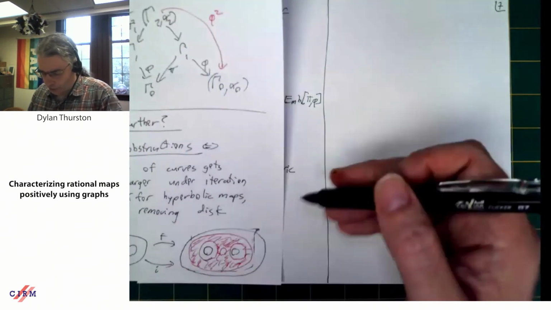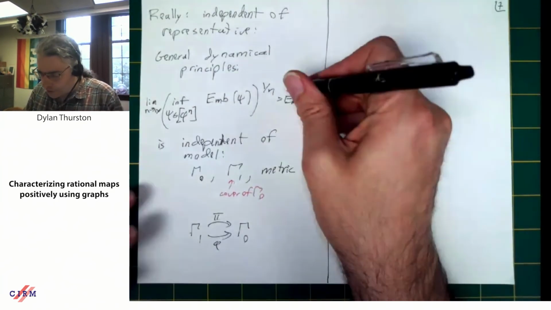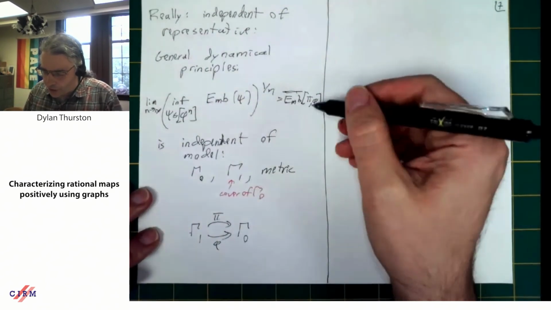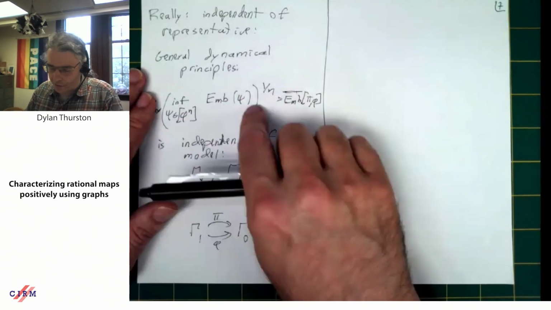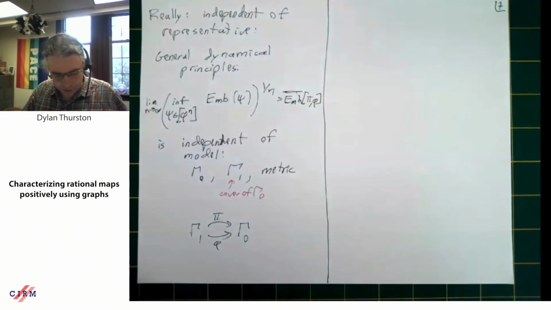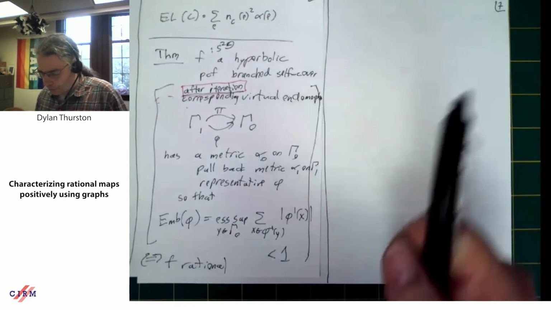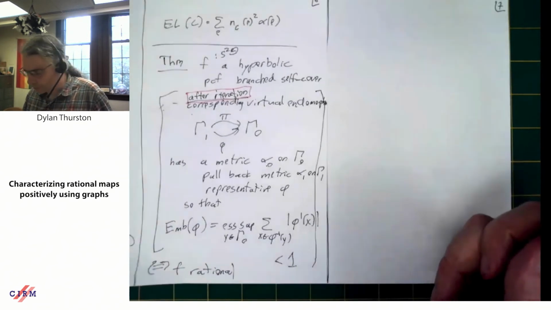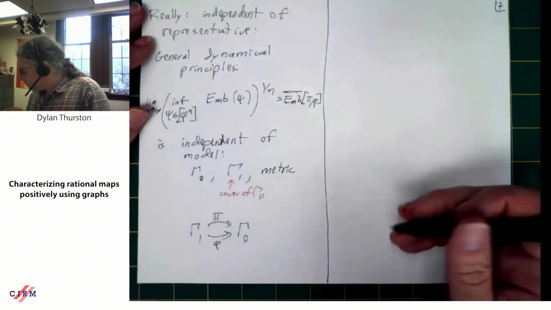Right, the map's going the other way. In any case, if this limiting value is less than 1, then some finite term here is less than 1, and then you can find a concrete representative to give you your combinatorial proof that you have a branched self-cover.